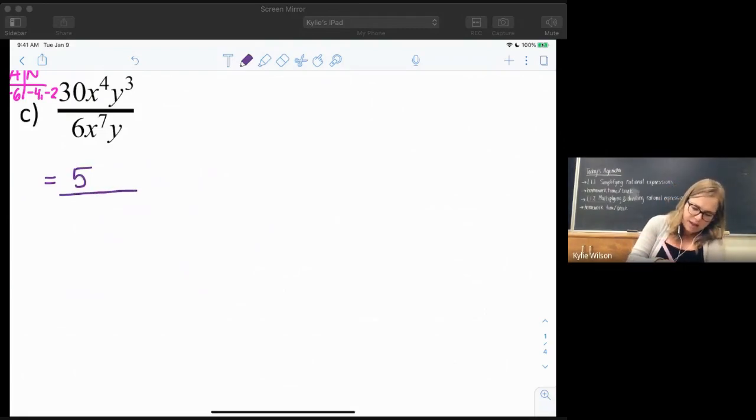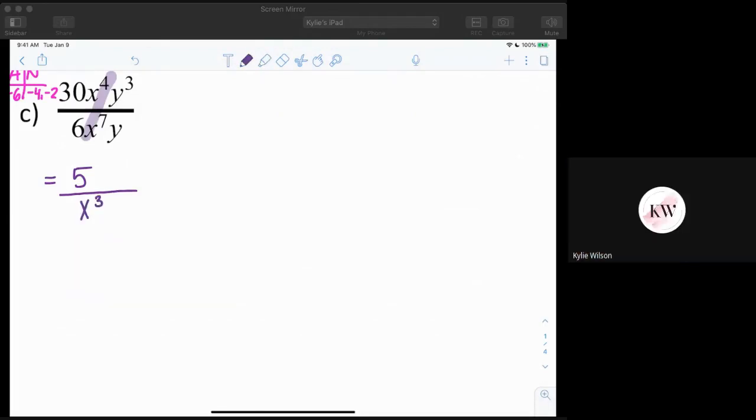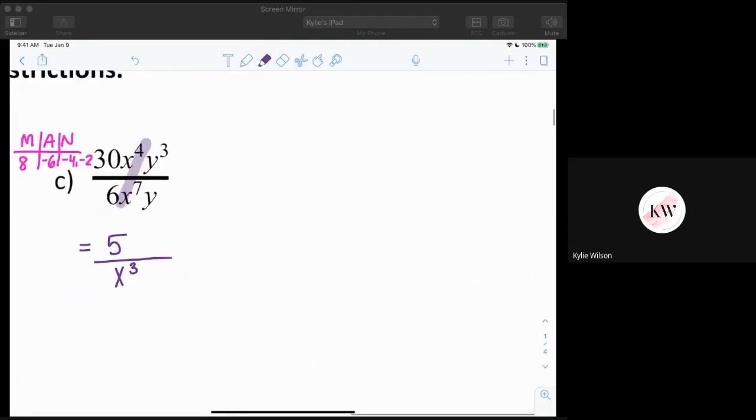Now for my x's, I have 7 on the bottom and 4 on the top. So when those cancel, I'm left with 3 x's on the bottom. And then my y's, I have 3 y's on the top and 1 on the bottom.